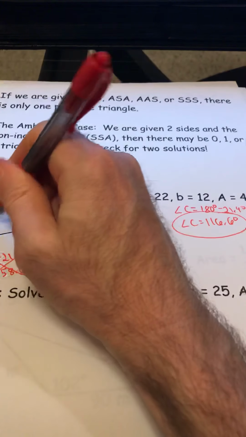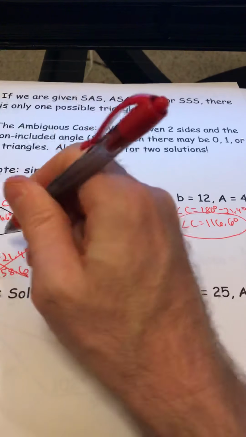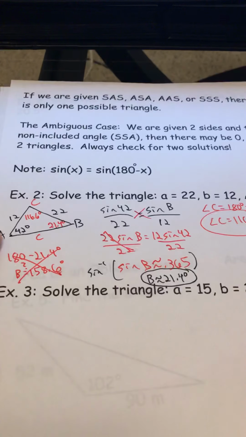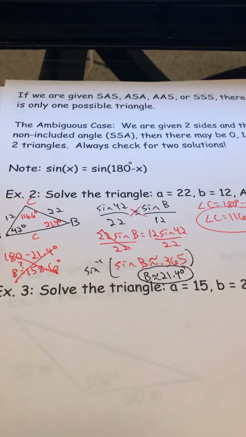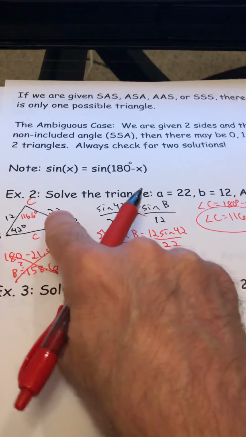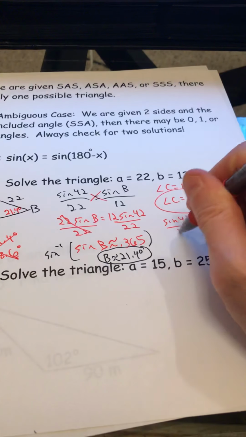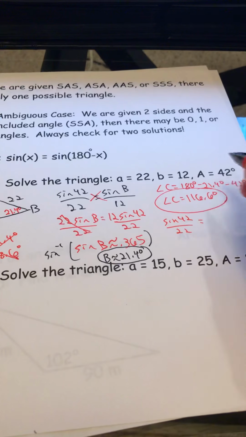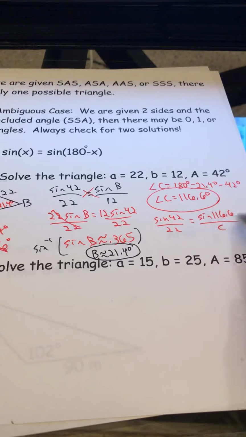And now all that's left is to find side C. So to do that, I'm going to use the law of sines once again. I'm going to use the two portions I was given for sure. So sine of 42 over 22 equals the sine of 116.6 over C. Here you don't have any choice other than to use a rounded value, but that's fine.